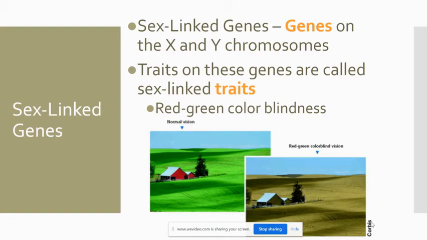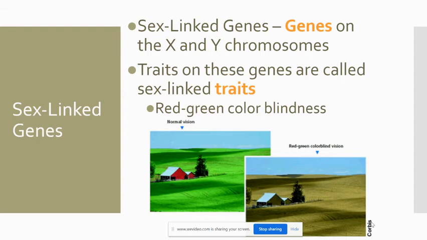So then, because we have our sex chromosomes, the X and the Y, we have sex-linked genes, which are specifically on those two chromosomes. And within those genes, we have specific traits that we can inherit. One of those traits is color blindness.